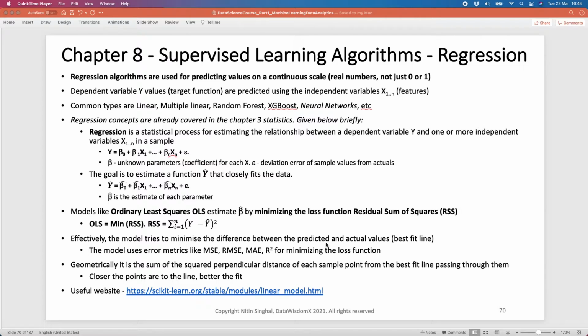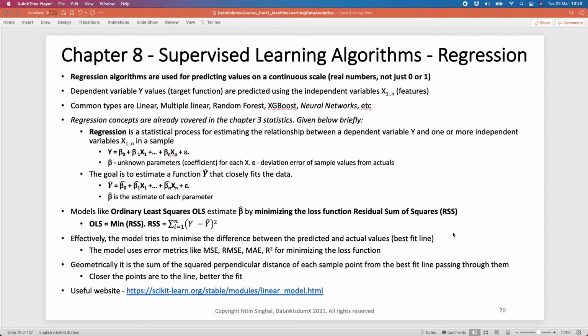So again, just to briefly mention, what you're doing is trying to find the best fit line, if it's a linear model, between the data and the predicted values using that data. So the model is just learning from the data that's been provided. It knows the input variables and the output variables, and using that it learns from the data to build a model which can accurately predict the output value, or the y value, for a given set of x values.